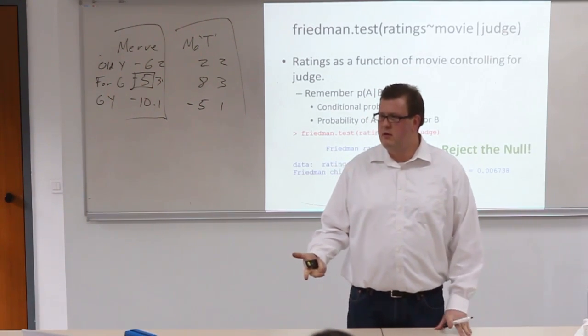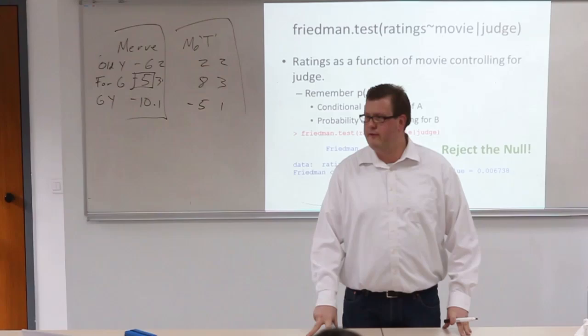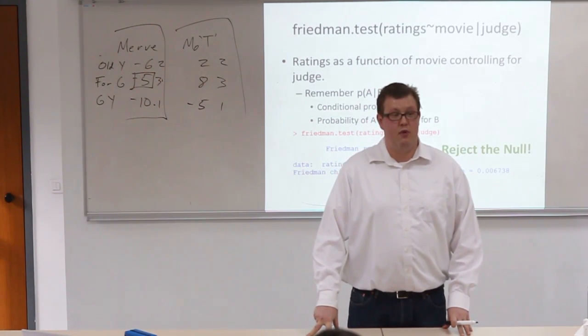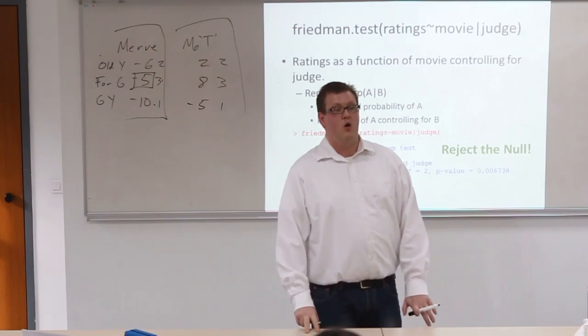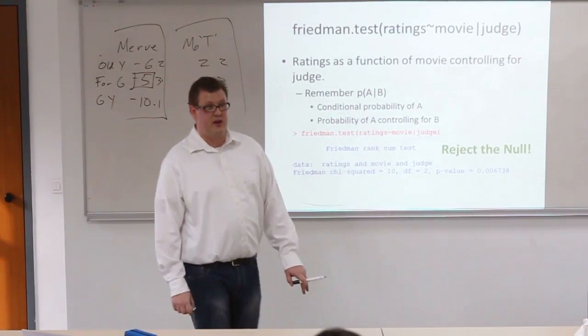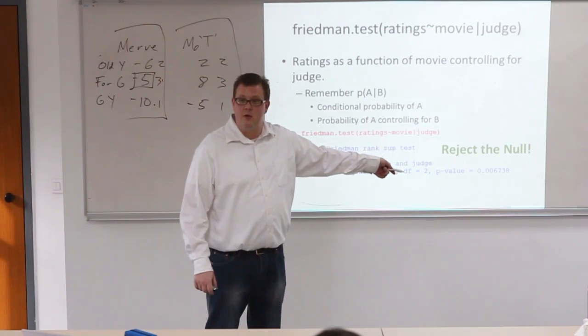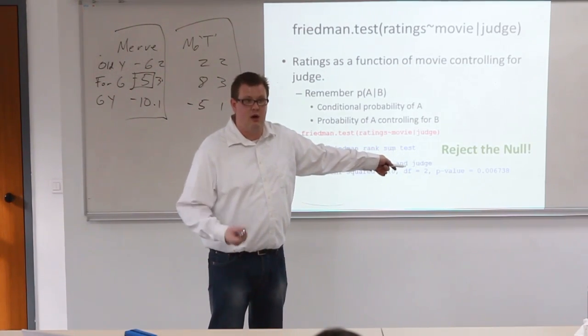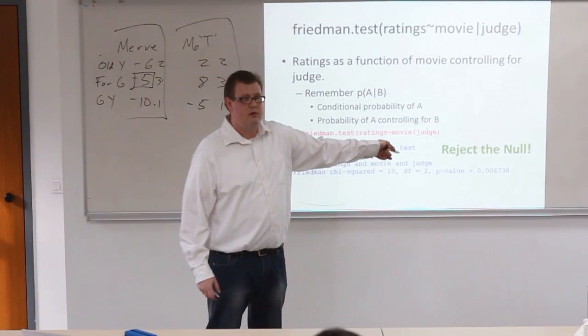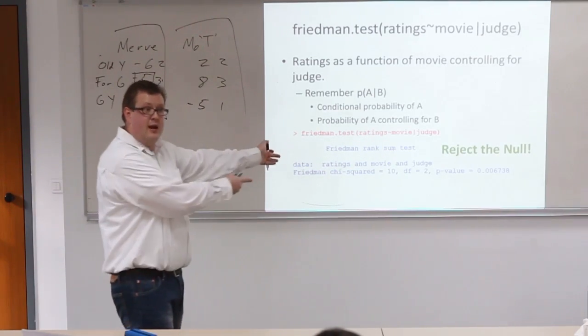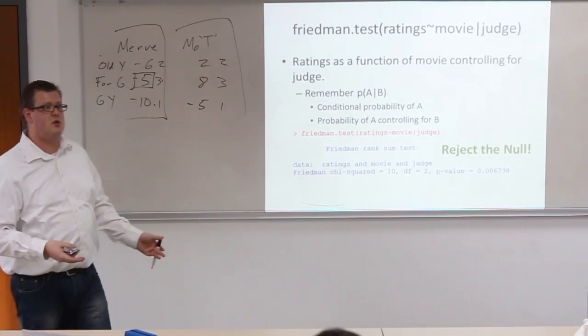So what is power? It's the probability of rejecting the null when the null is false, right? So here we see a smaller p-value. Are we more likely to reject the null with the smaller p-value? Yes. So we are more likely to actually reject the null hypothesis in this situation.